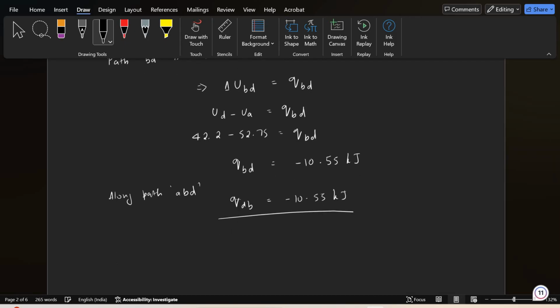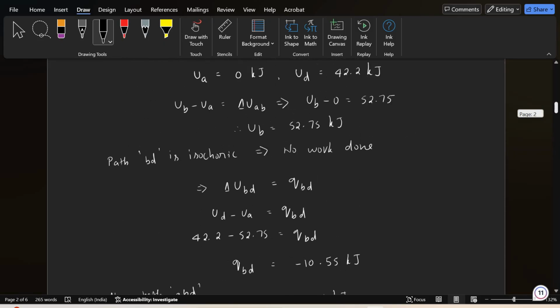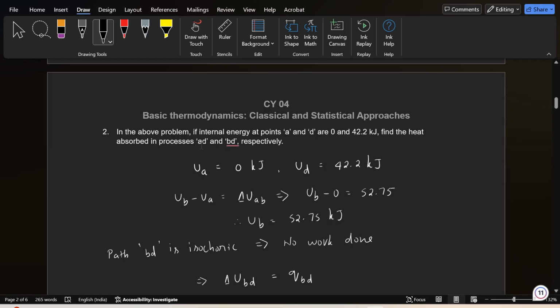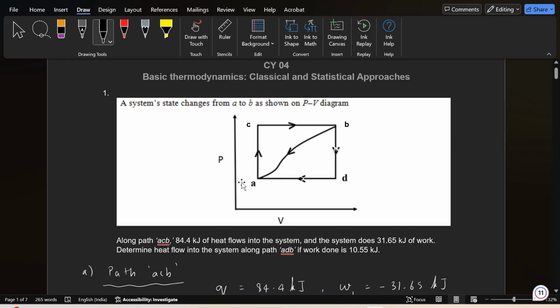What is the second one? The second is what is the heat absorbed along AD? This path is something that we want. So tell me how we can calculate this.